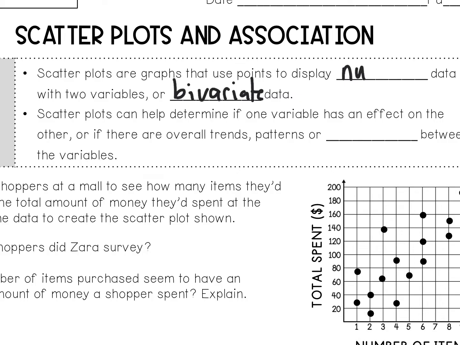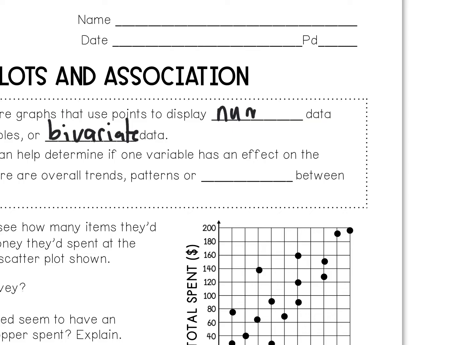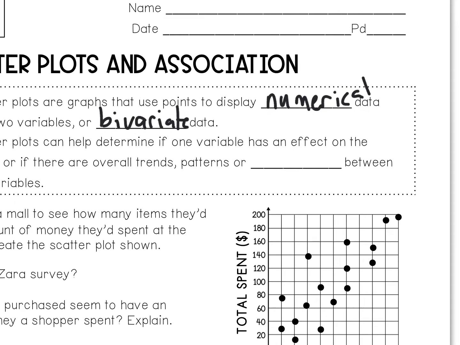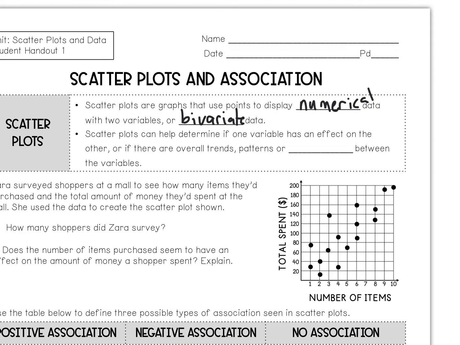So it's numerical data with two variables, or something we call bivariate data.